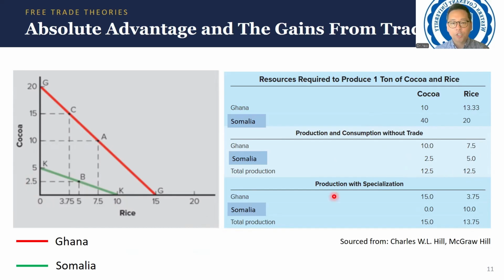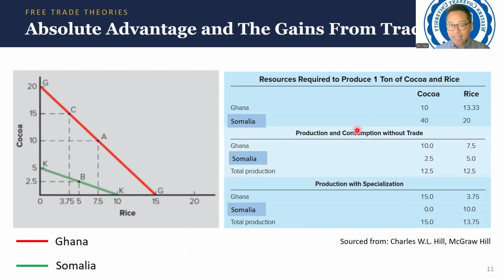Now, back to the question. Ghana has absolute advantage in the production of both goods, right? Why should it trade with Somalia? Although Ghana has an absolute advantage in production of both cocoa and rice, it has a comparative advantage in production of cocoa.